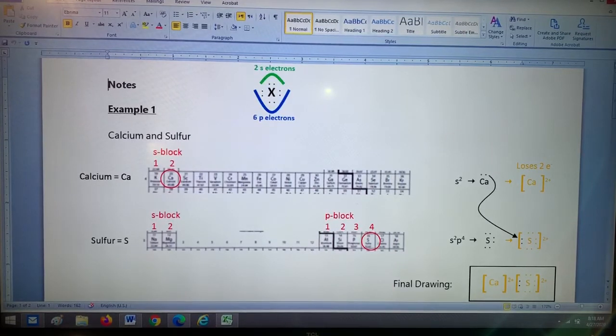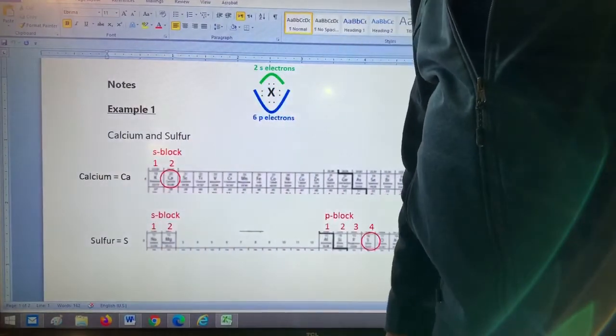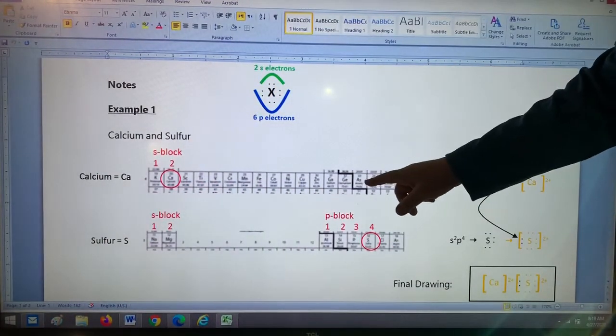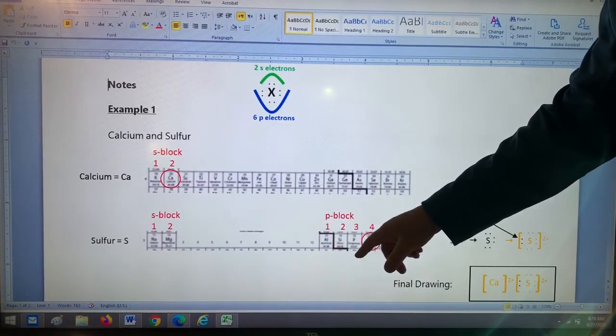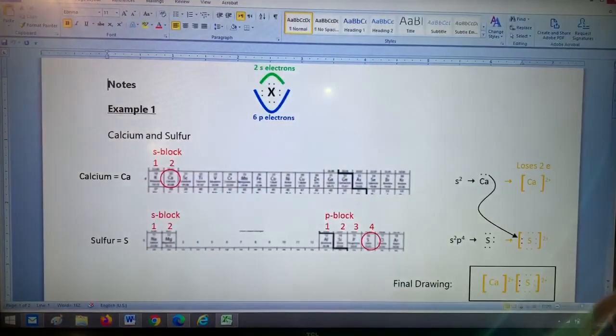In order for an ionic bond to form, we need to have one element lose and one element gain. And it always works out that the metal is always going to be the loser and the non-metal is always going to be the gainer. So do you see the remnants of the zigzag line right here and right here? On the left are the metals, so calcium is going to lose.